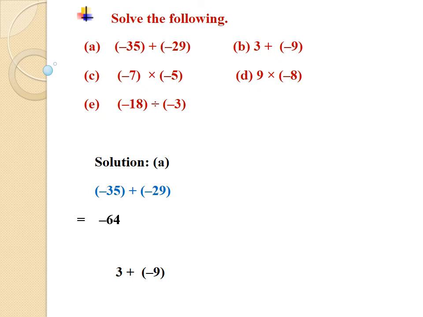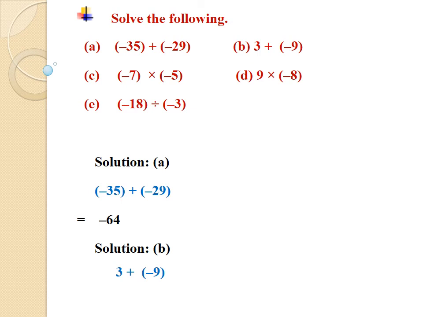Now, sum B. 3 plus minus 9. Students, we know that in order to add integers with different sign, we have to subtract as whole numbers, the smaller from the bigger, and we get the answer with the sign of the greater absolute value.